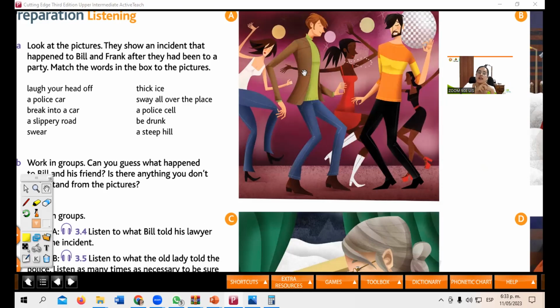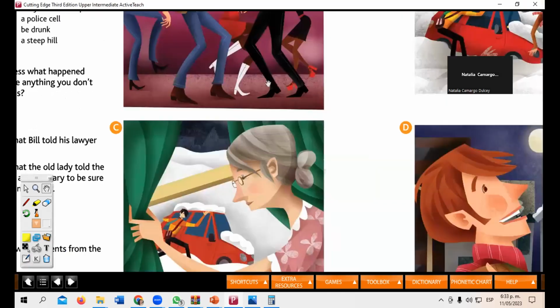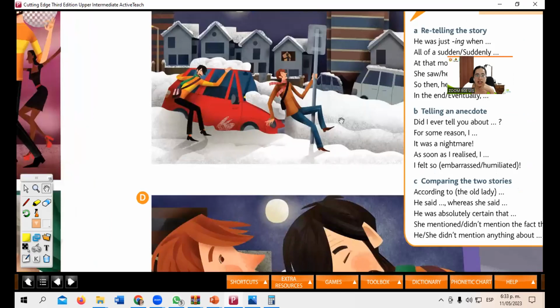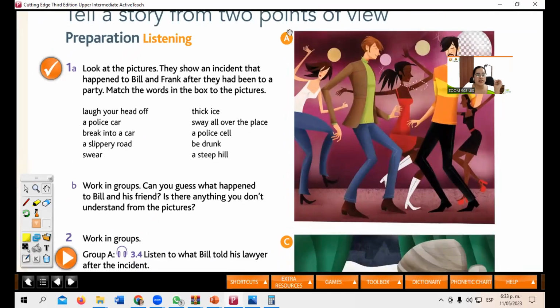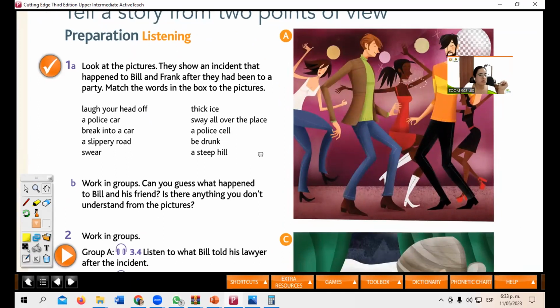Thick ice. What is this? Como hielo grueso. Yes, thick ice. Like, for example, here is a thick layer of ice. Sway all over the place. You understand? Sway all over the place. No idea?